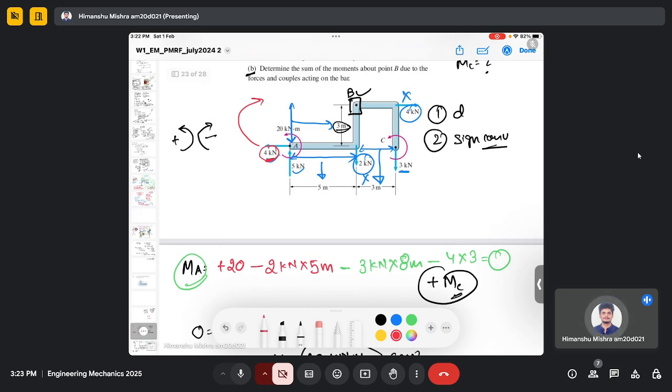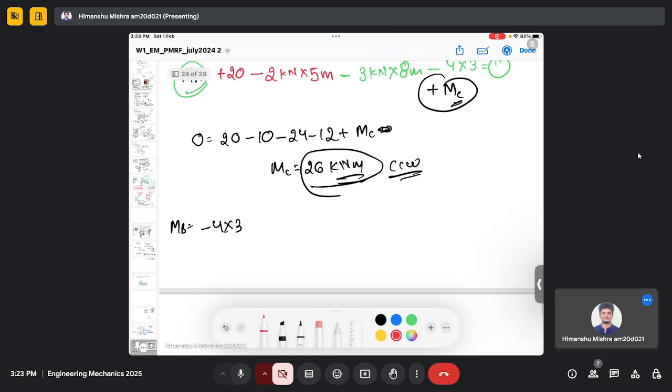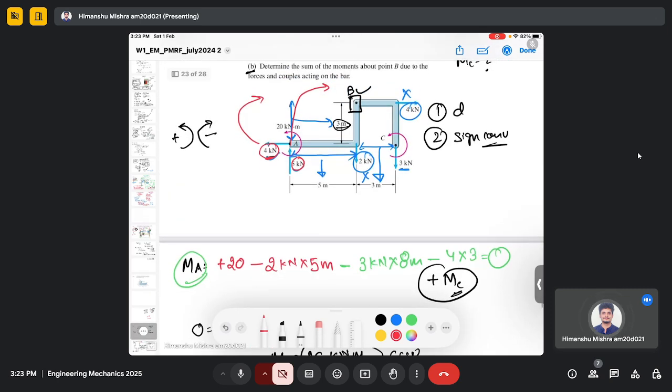Then the rotation of this 5 kilonewton force around point B will again be in the clockwise direction, so again it's negative, which is 5 kilonewton multiplied by 5 meter.